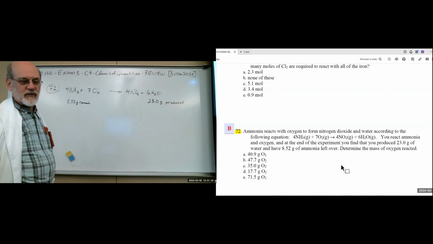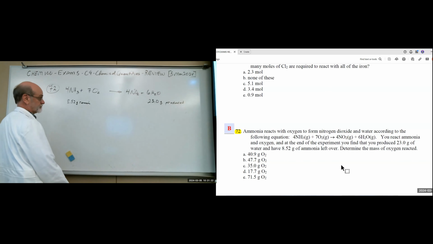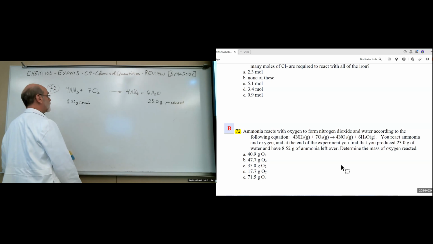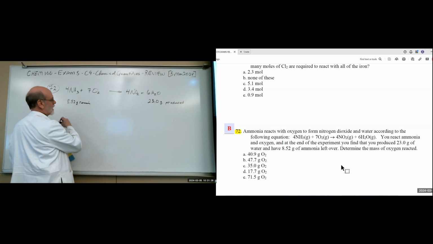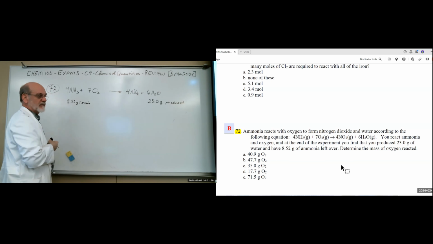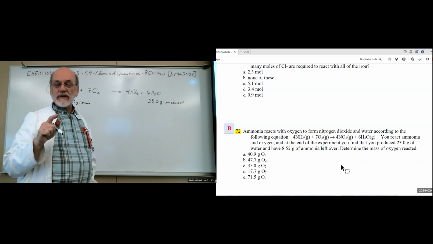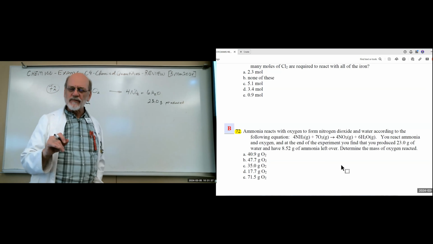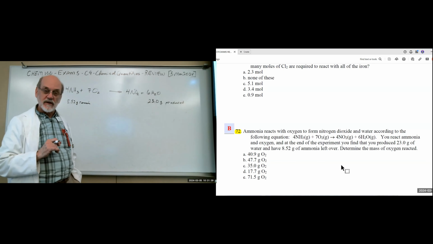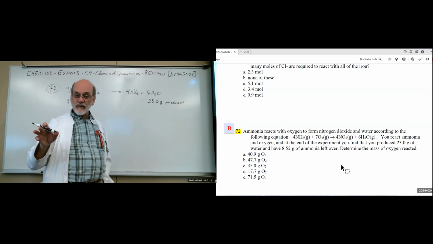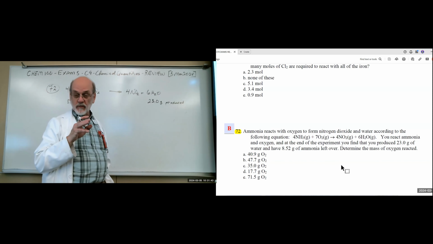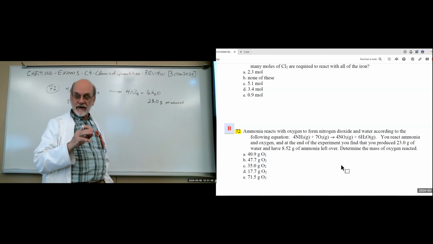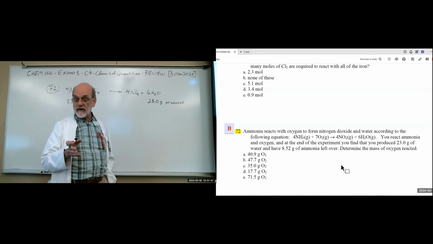Determine the mass of oxygen reactant. Well, what we need to know is, you know what? Have you ever heard me talk about blue smoke? Word problems are designed to confuse so that we weed out people that don't understand what the problem is. They can't figure the problem because they haven't worked enough of them.